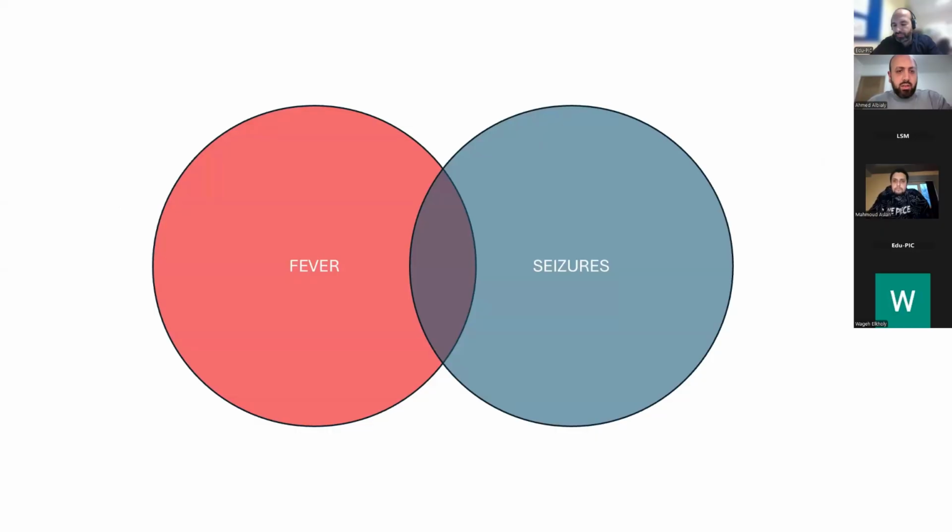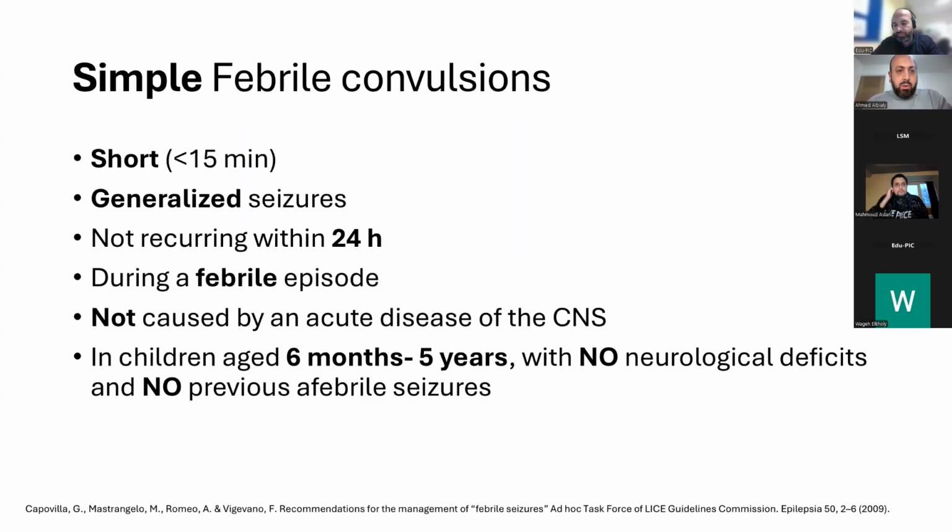So fever and seizures happen at the same time in many conditions. It's not very specific to any single condition, and the differential underlying them is quite broad. When we say febrile convulsions, usually the first thing that comes to mind is simple febrile convulsions, which are typically short duration, 10 to 15 minutes or less, generalized seizures.